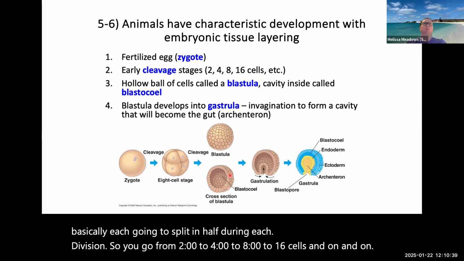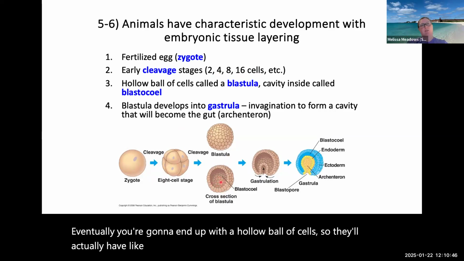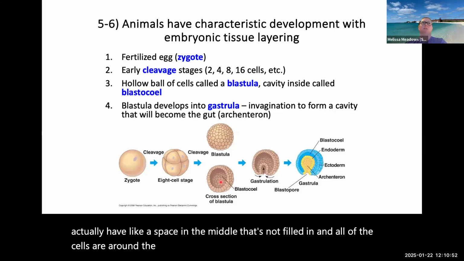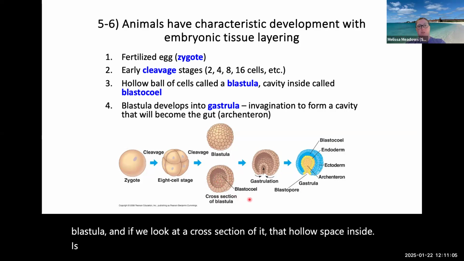Eventually, you're going to end up with a hollow ball of cells. So they'll actually have like a space in the middle that's not filled in, and all of the cells are around the outside. This is called the blastula stage. So this is a blastula. And if we look at a cross section of it, that hollow space inside is a blastocele.